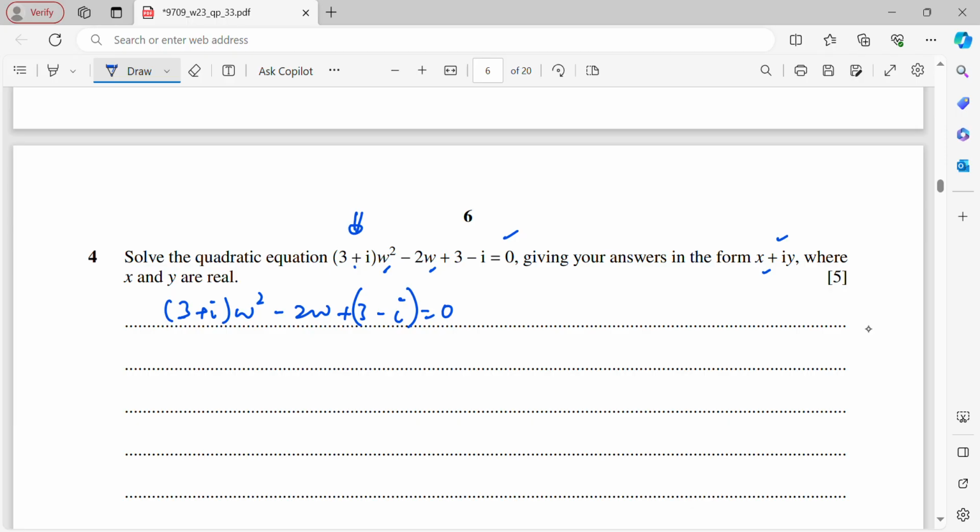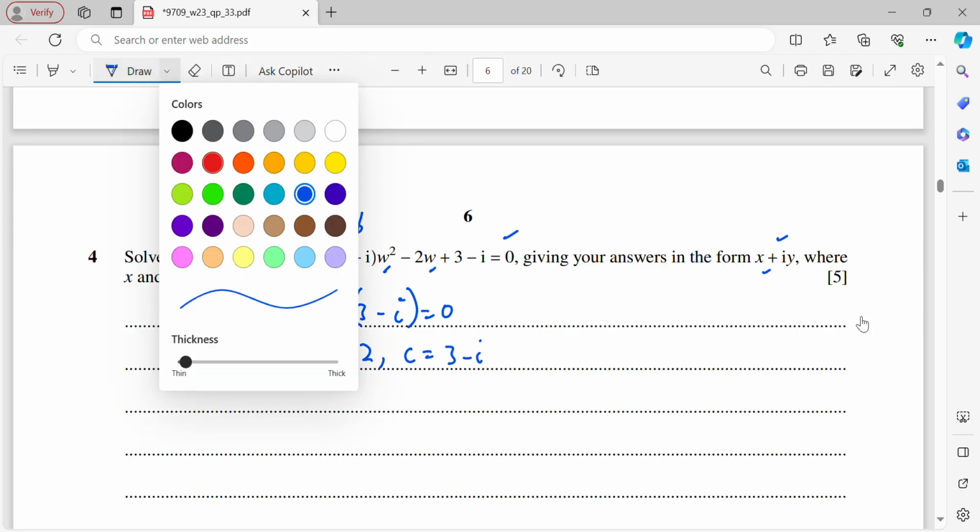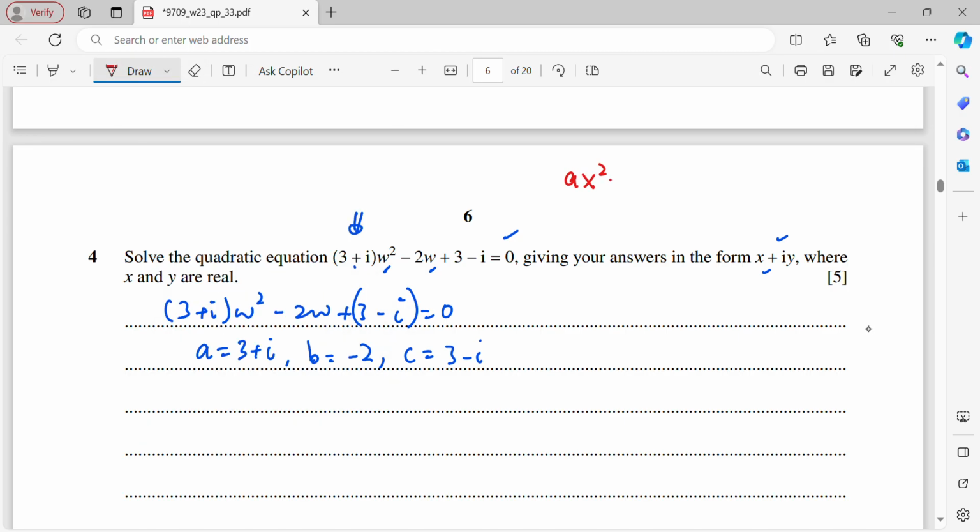So now your equation, instead of in terms of x for the quadratic equation, now becomes in terms of w. That means now the coefficient for w squared, a, is 3 plus i. Then b is the coefficient of the w, which is negative 2. Then c is the constant, which is 3 minus i. So now we will compare with the general quadratic equation.